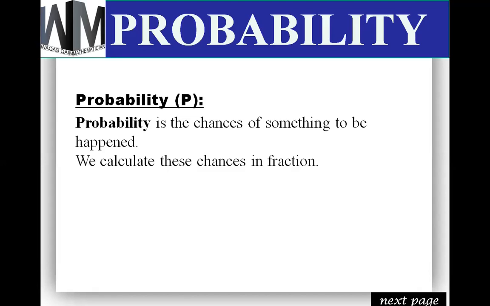If you want to say that Pakistan will surely win this match, we say that there is a 100% chance of Pakistan to win this match. So normally in our daily life we use percentages as a unit of chances, but in probability we use fractions for calculating the chances. Okay, so we are clear.